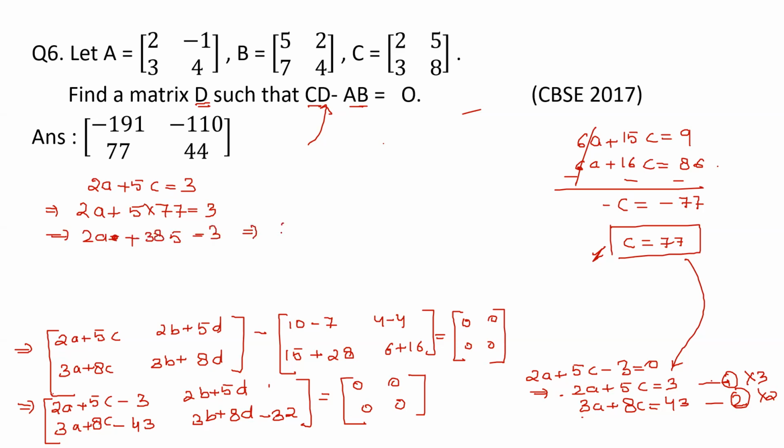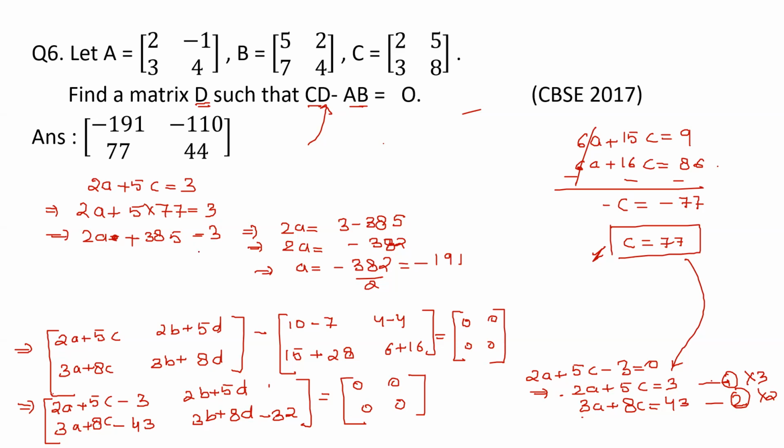So from here you will get 2a is equal to 3 minus 385. Okay, Rifat, so you have made this mistake. Here you will get minus 382. And now shift this 2 to the right side. So you will get minus 382 by 2, which will give you minus 191. Okay, Rifat, so you have missed this 3.